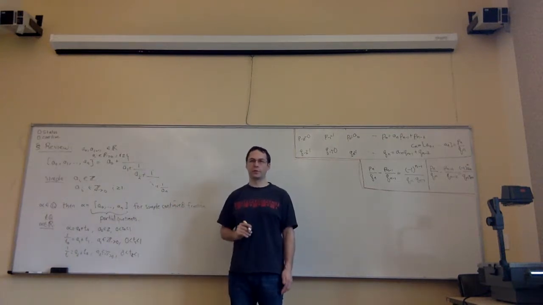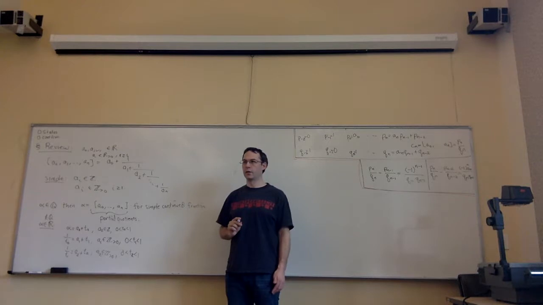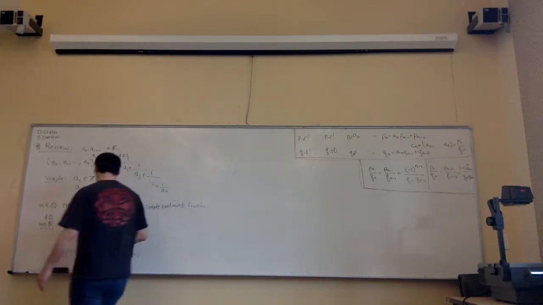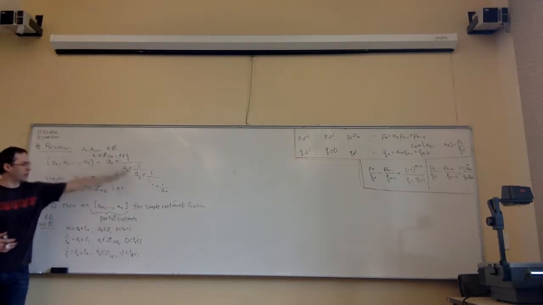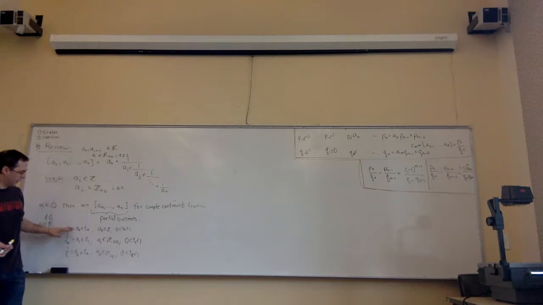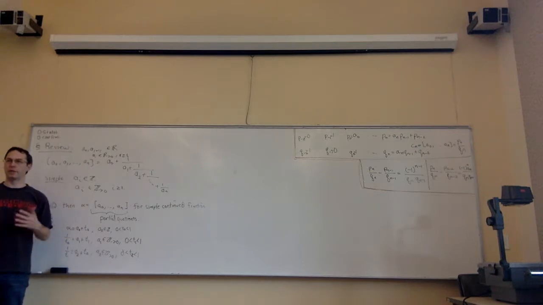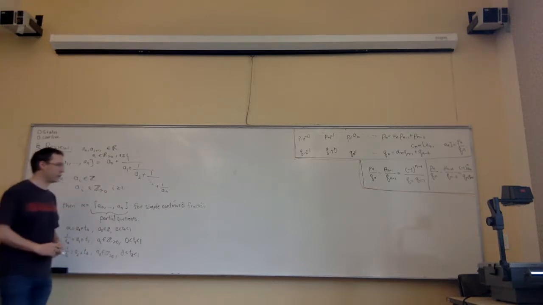The thing I didn't prove, which will take a little bit of work, is that that continued fraction, when you evaluate it, that is, if you take the limit of all the partial convergents, gives you alpha back. So every real number has a continued fraction representation. That's the main thing we're going to prove today.